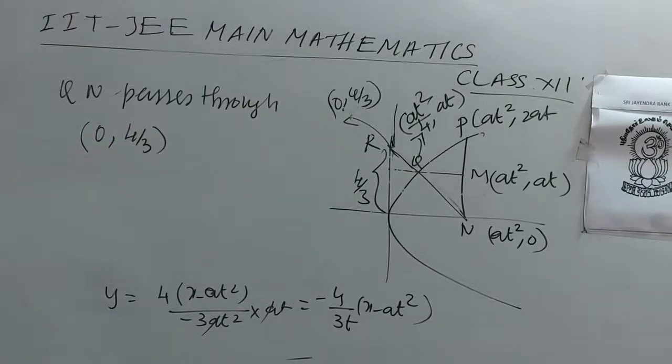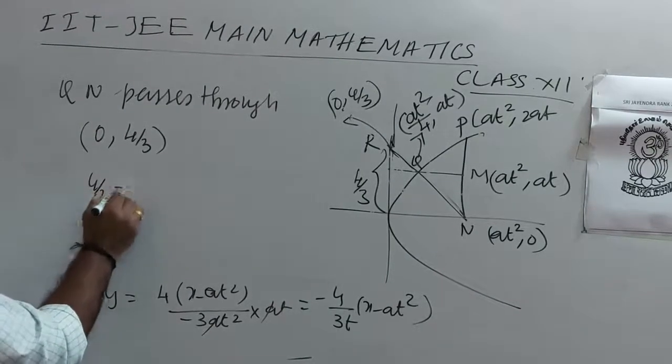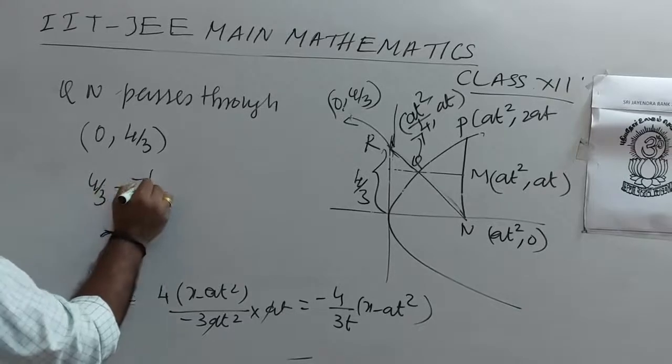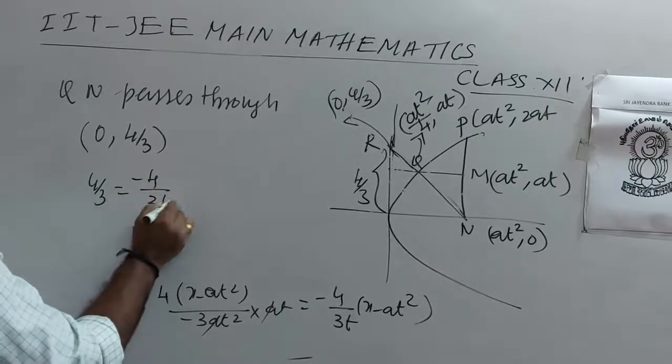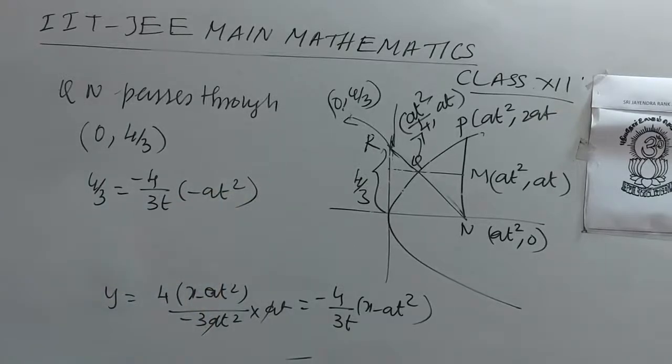Q1 pass 0, 4 by 3. So the value of y is 4 by 3 minus 4 by 3t into minus 8t squared. This will be cancelled.